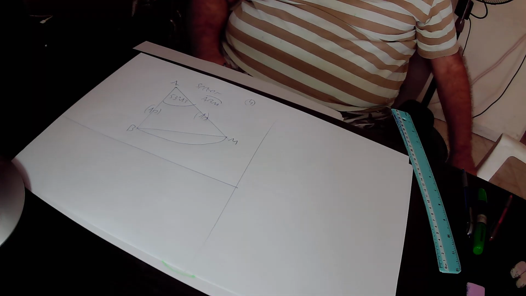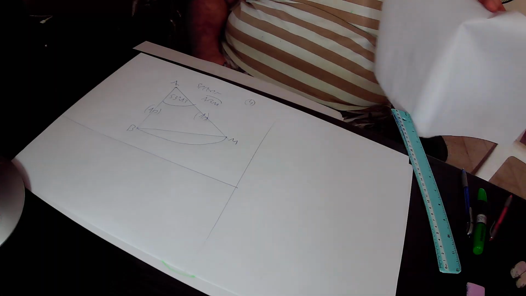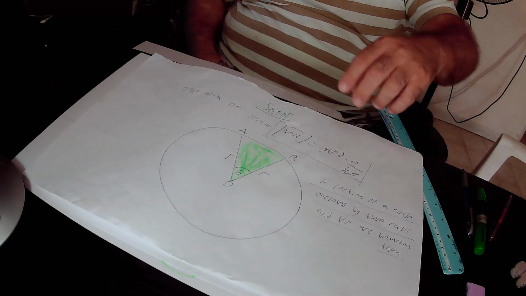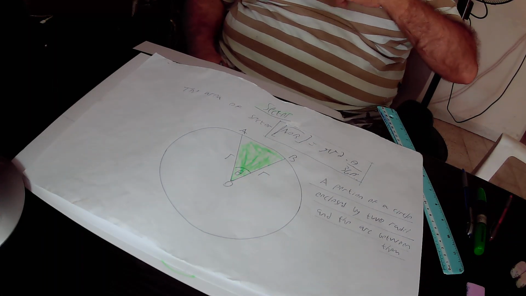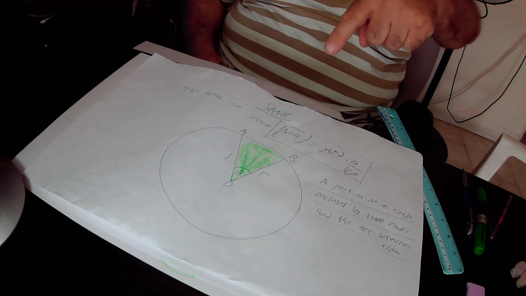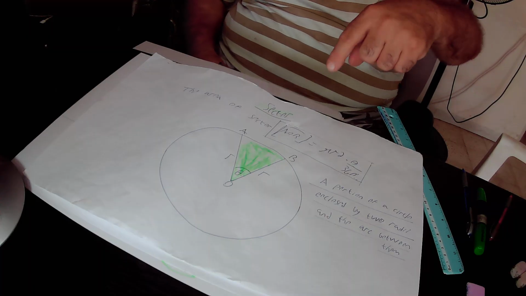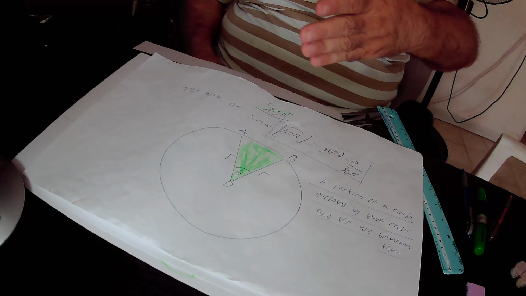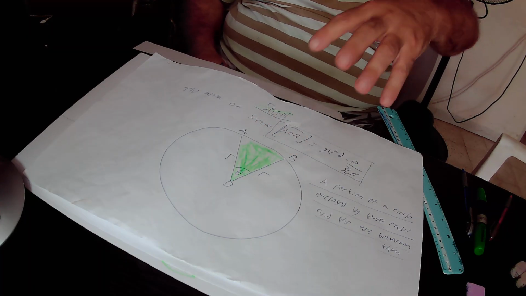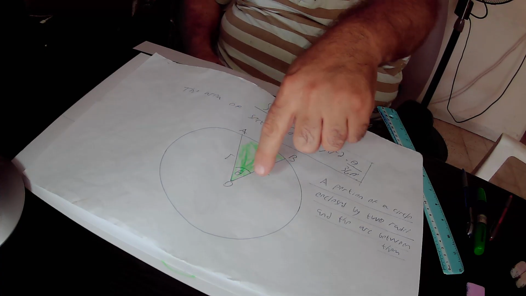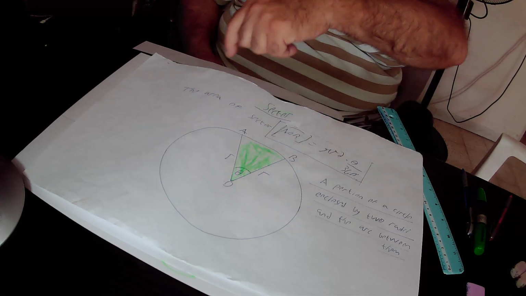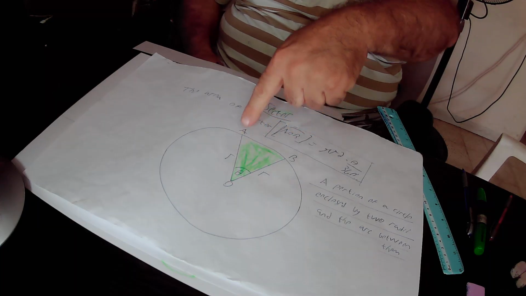So, first of all, what is a sector? A sector is a portion of a circle enclosed by two radii and the arc between them. The green shape AOB is a sector because it is a portion of this circle enclosed by two radii.